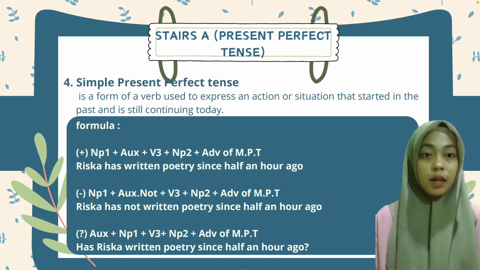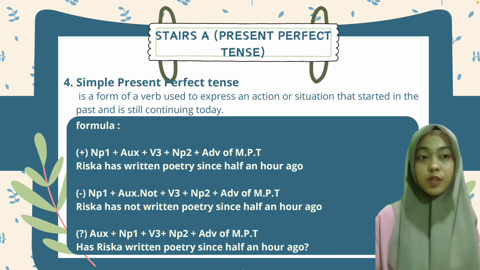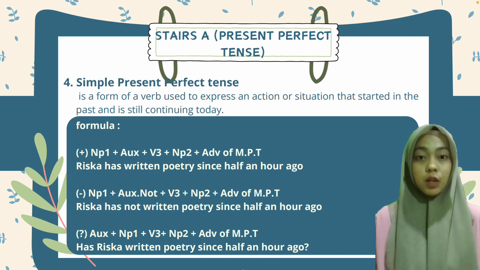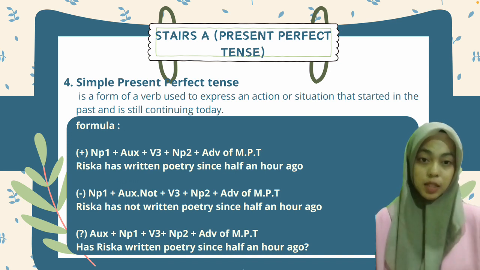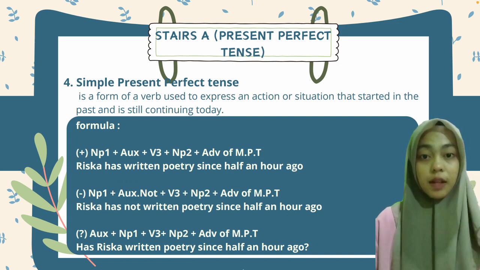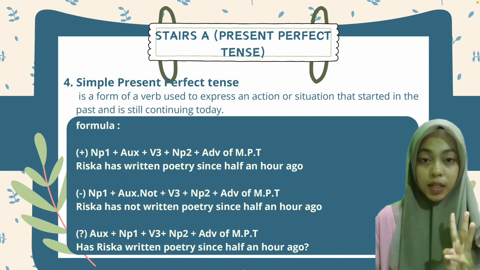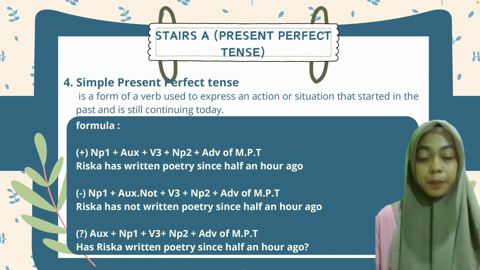stairs A, about the simple present perfect tense. It is a tense used to express an action or situation that started in the past and is still continuing today. So the formula for the positive sentence is noun phrase 1 plus auxiliary plus verb 3 plus noun phrase 2 or object and plus adverb of manner, place, and time.